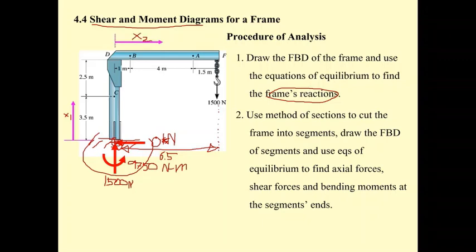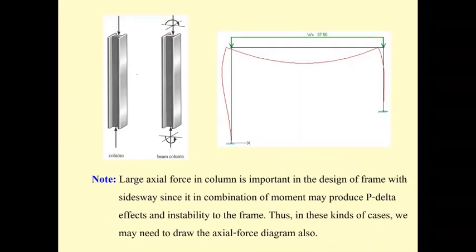And then if you cut the frame into the given section, you can write the shear force as a function of x1 and x2, and also the bending moment as a function of x1 and x2. In that case, you will get the equations, and then you can draw the shear diagram and the moment diagram of the frame.